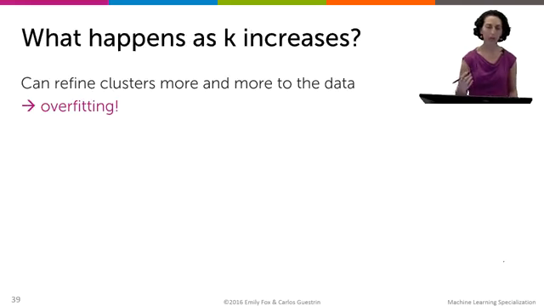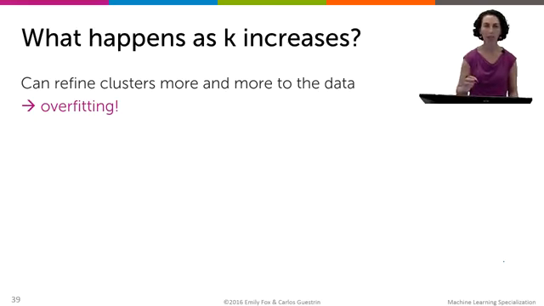Okay, so let's spend some time thinking about what happens to this heterogeneity metric as k, the number of clusters, increases. Well, when there are more clusters available to the algorithm, we can refine these clusters more and more to our observed data. And so this can lead to our classic notion of overfitting, but not quite classic because now we're in this unsupervised setting.